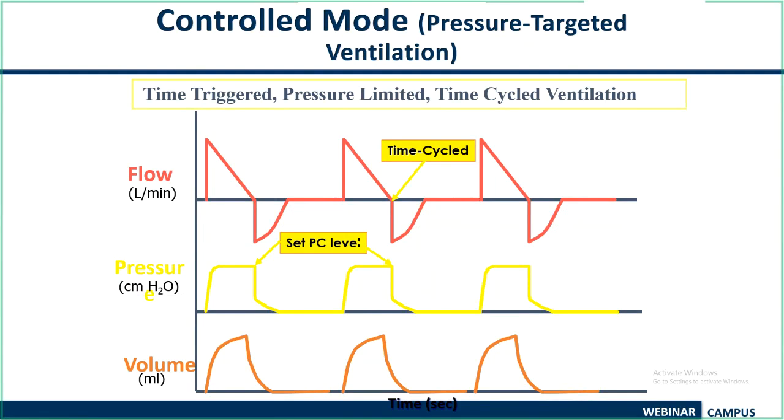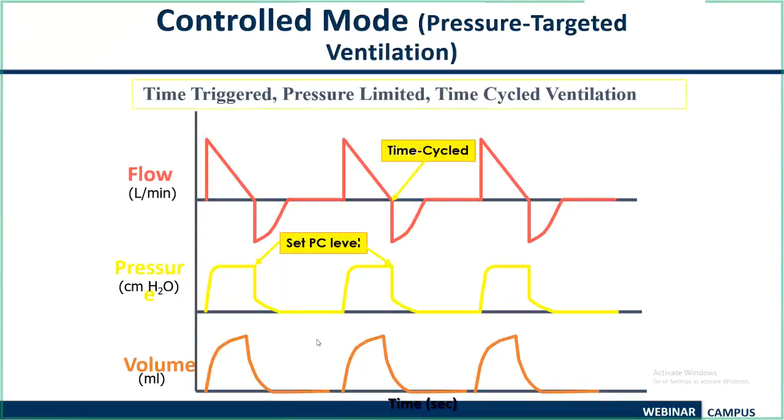Suddenly the patient develops a pneumothorax or significant bronchospasm. What will happen? The ventilator will deliver the same pressure, 20. But as the lung is less compliant, the tidal volume generated will be very less. The lung is very stiff. Even if you give 20 centimeters of pressure, the volume reaching will be very less. So it will go on to hypoventilation, carbon dioxide retention. The patient can go on to severe acidosis and other complications.